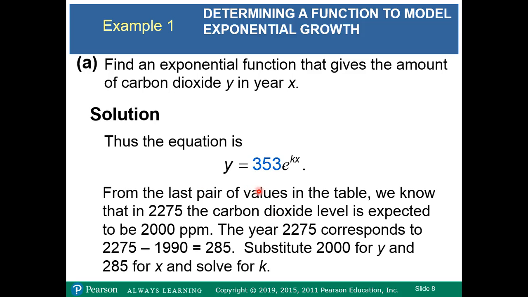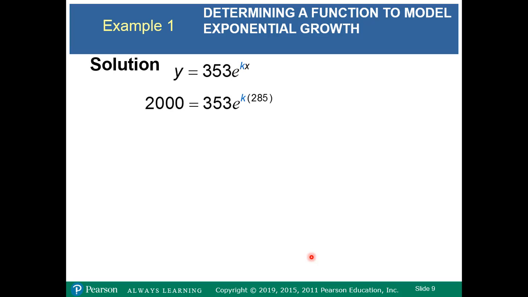From the last pair of values in the table, we know that in 2275, the carbon dioxide level is expected to be 2,000 parts per million. And the year 2275 corresponds to x equals 285. So what we're going to do is substitute in 2,000 for y and 285 for x, and then solve for k. So we're just using one of the points, the last point, to figure out a value for k.